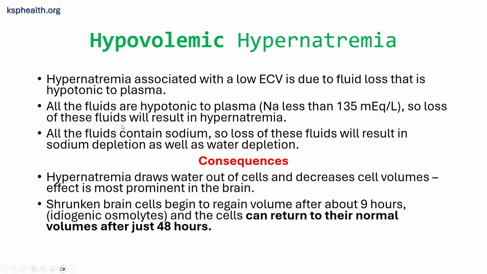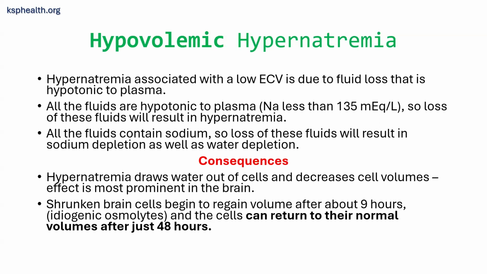The hypernatremia draws water out of cells and decreases the cell volume. This effect is most prominent in the brain. The shrunken brain cells begin to regain volume after about 9 hours. Then idiogenic osmolytes develop within the brain cells.